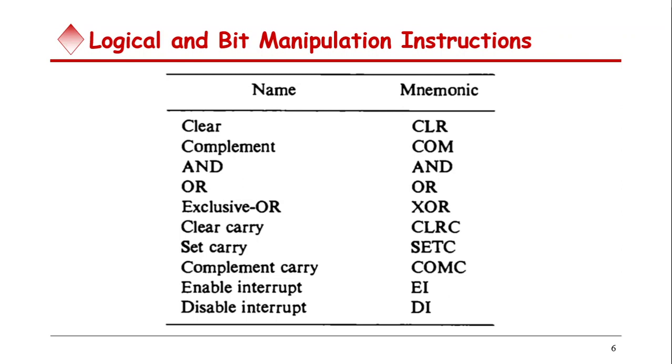Similarly, the XOR instruction is used to selectively complement the bits of an operand. This is because of the Boolean relationship: x XOR 1 will produce x complement and x XOR 0 will produce x.